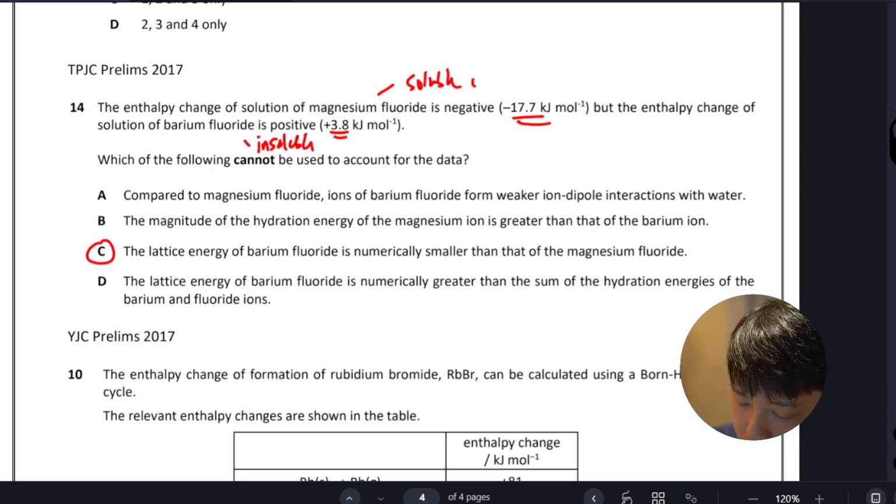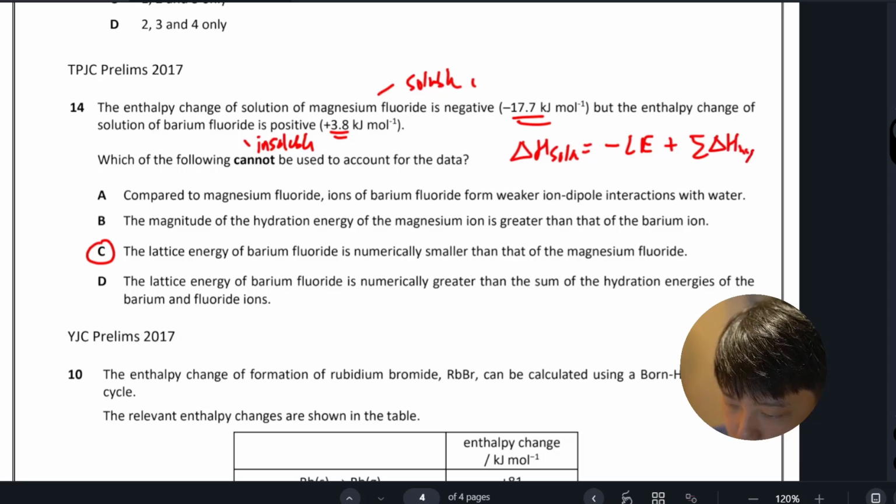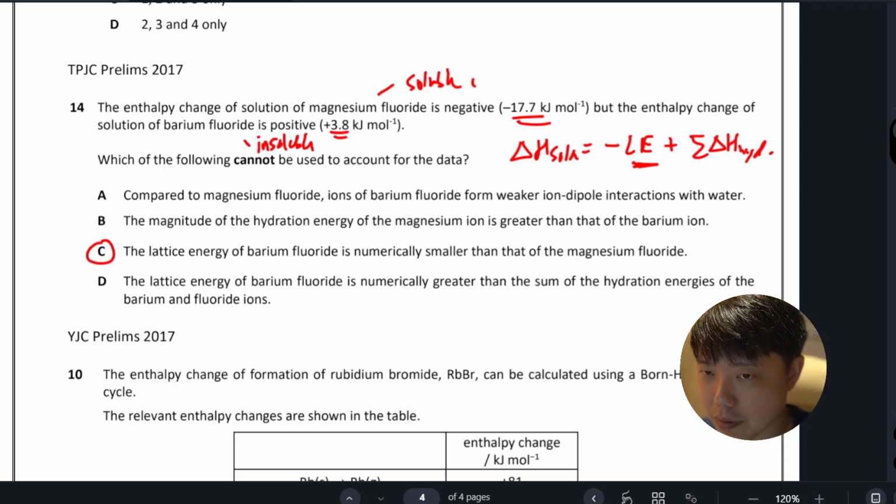Delta H solution is negative lattice energy plus the sum of both delta H of hydration. If the lattice energy for barium fluoride is smaller, it's actually easier to dissolve. But from the observation, delta H is positive, so in fact it's harder to dissolve. So our answer here is C.